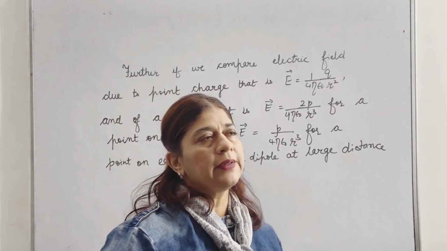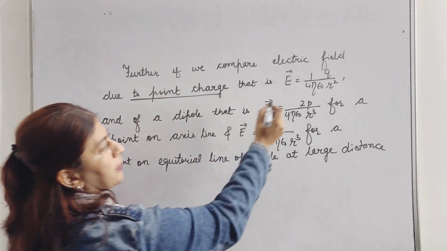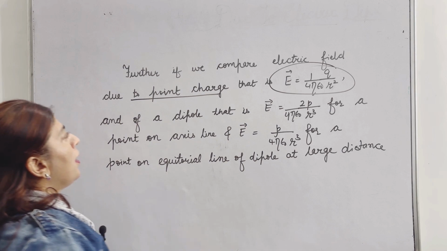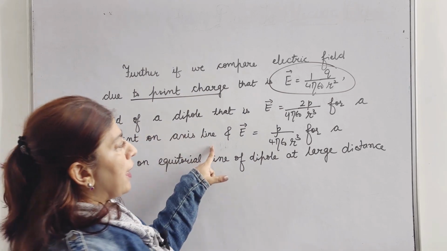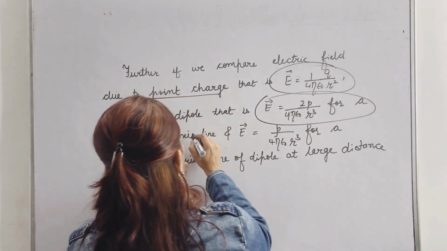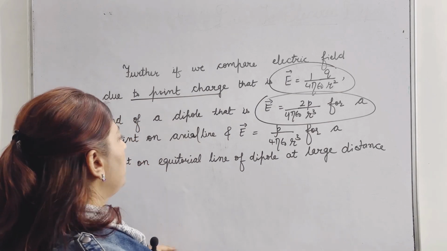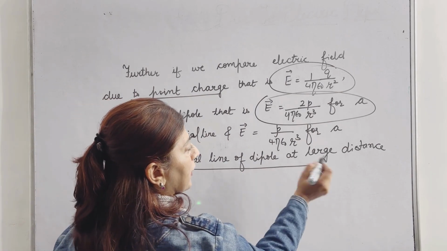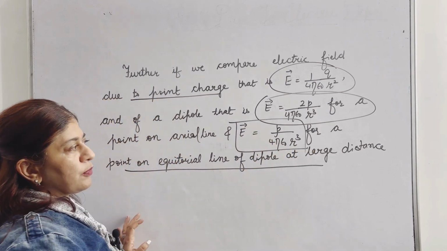Further, if we compare the electric field due to a single point charge, that is 1 by 4 pi epsilon naught q by r square, and that of a dipole for a point lying on the axial line, E is given by 2p by 4 pi epsilon naught r cube, and for a point on the equatorial line of the dipole at larger distance, E is given by p by 4 pi epsilon naught r cube.